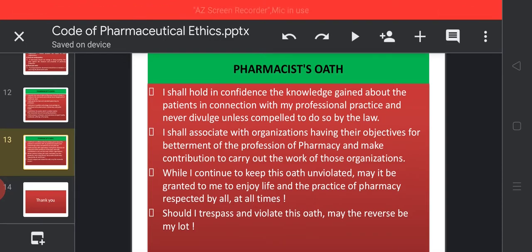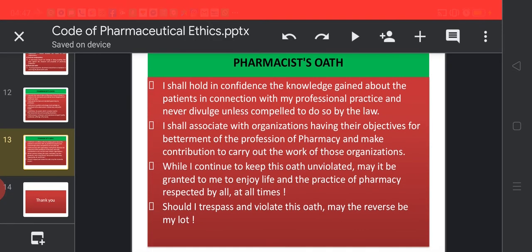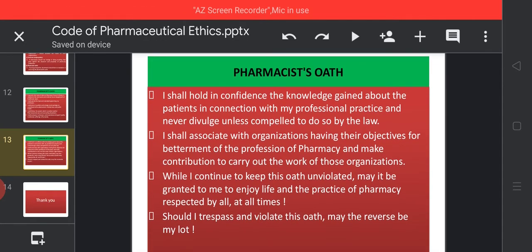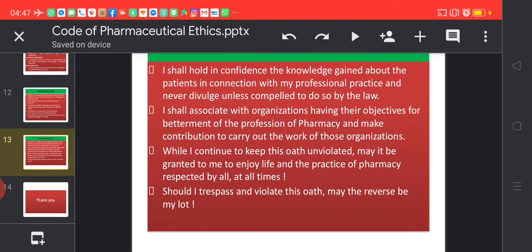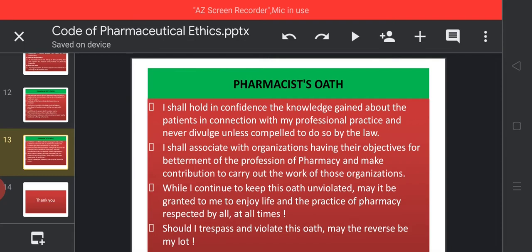As a pharmacist, our role and responsibility is that we should hold in confidence the knowledge gained about the patients in connection with our professional practice and never divulge it unless compelled to do so by the law. We shall also associate with organizations having the objectives for the betterment of the profession of pharmacy and make better contributions to carry out the work of those organizations.